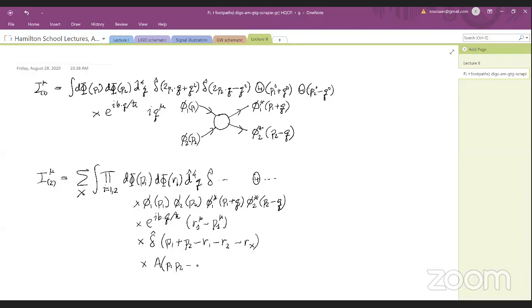And again, these amplitudes are starting from the different copies of the initial state, but they're ending up in the same final state. So here we have P1 plus Q, P2 minus Q, but going into the same genuine final state. So that's where we left off.